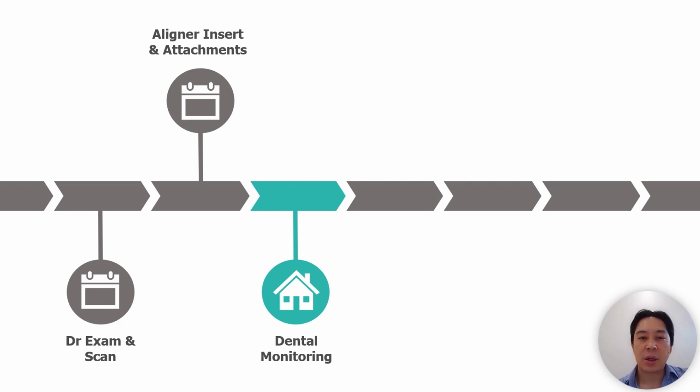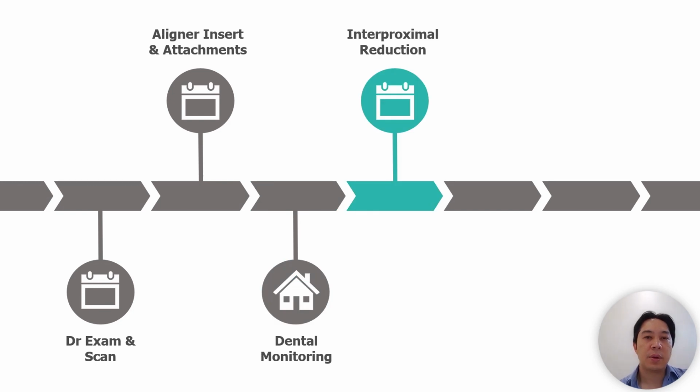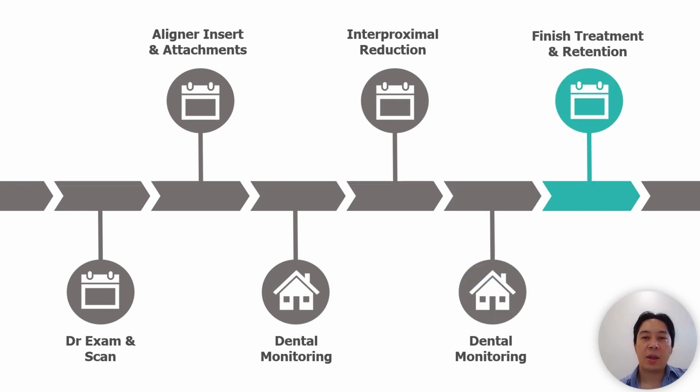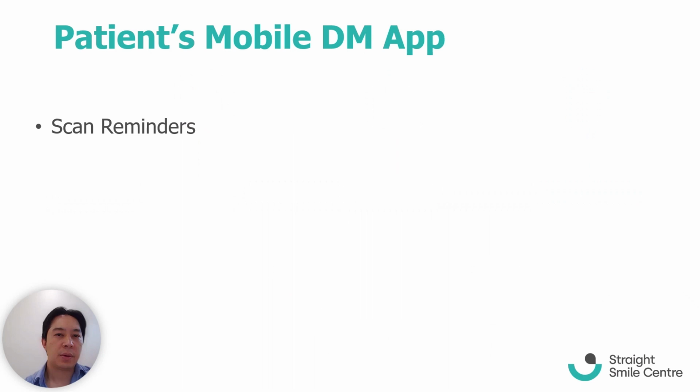You instruct and show the patients how to use dental monitoring, perform any interproximal reduction you may have planned at the right stages, continue the dental monitoring process, and essentially you bring them in and double check that they are ready to finish. You finish and provide retainers.